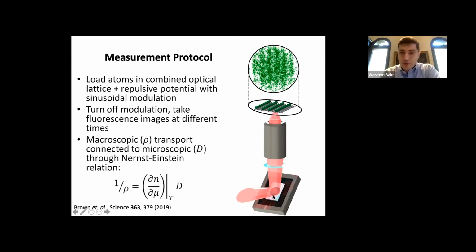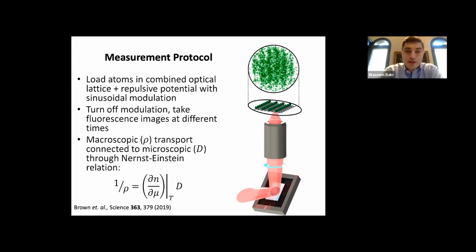So we're going to take a spatial light modulator. It's essentially like a projector chip, and shine some light on it. And this allows us to pattern a light potential, which we can now project through the microscope onto the atoms and shape their potential landscape.